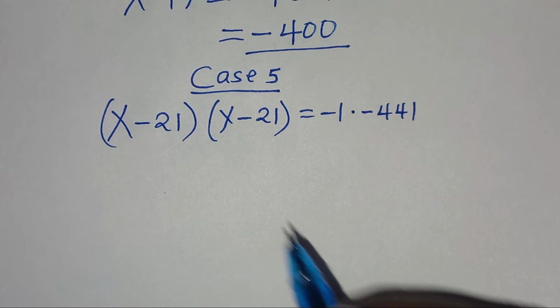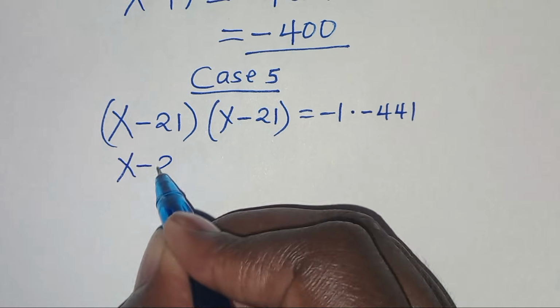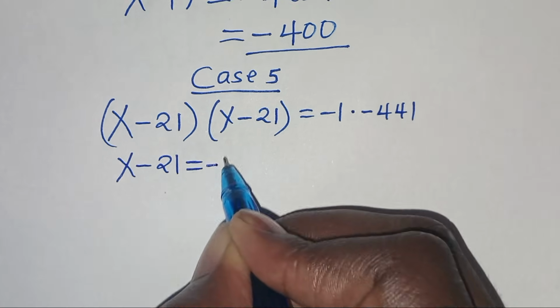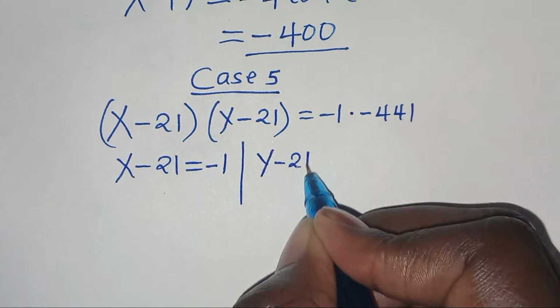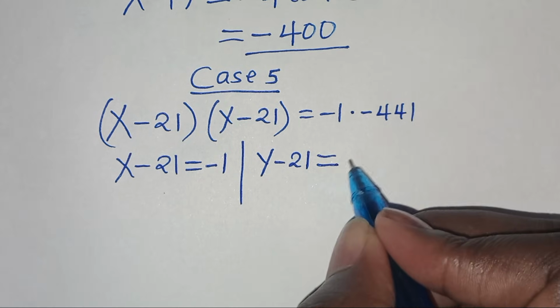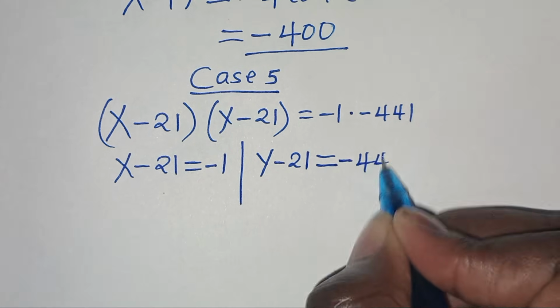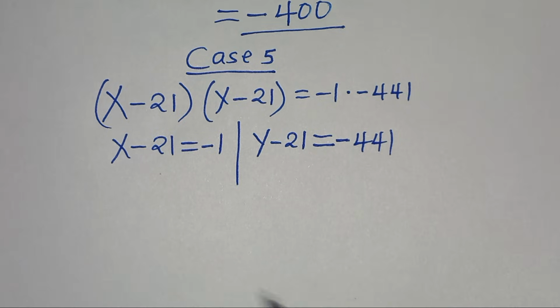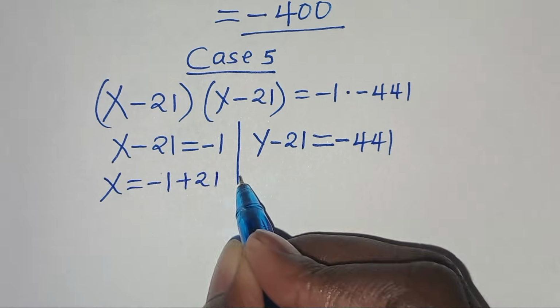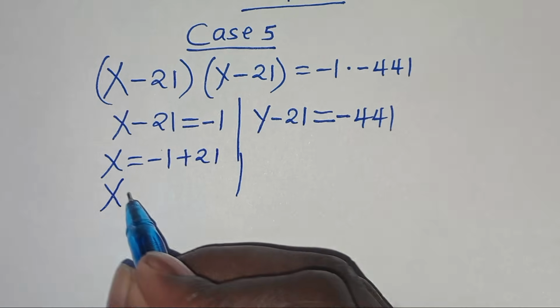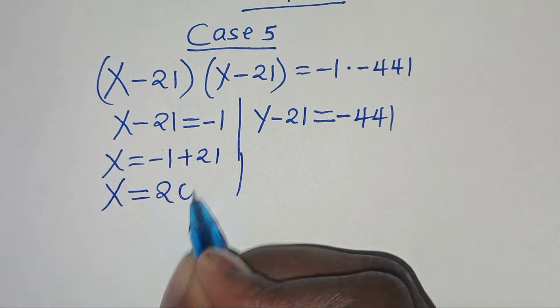So x minus 21 is equal to minus 1, and y minus 21 is equal to minus 441. So x is equal to minus 1 plus 21, which means x is equal to 20.